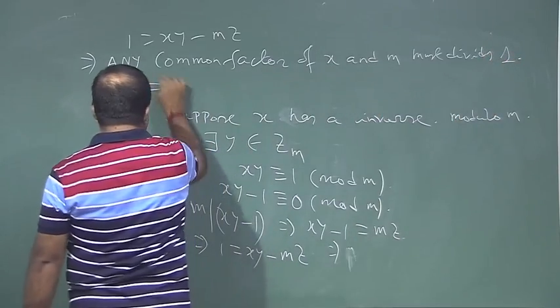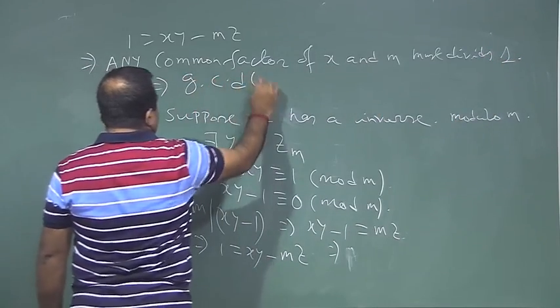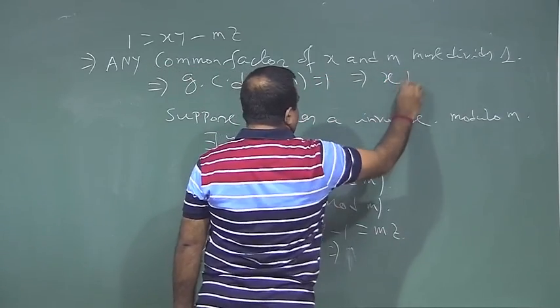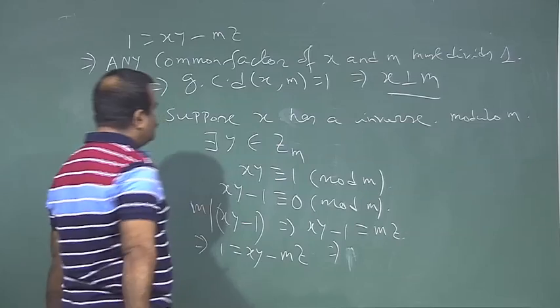This implies the GCD of x and m must be 1. So, x is co-prime with m.